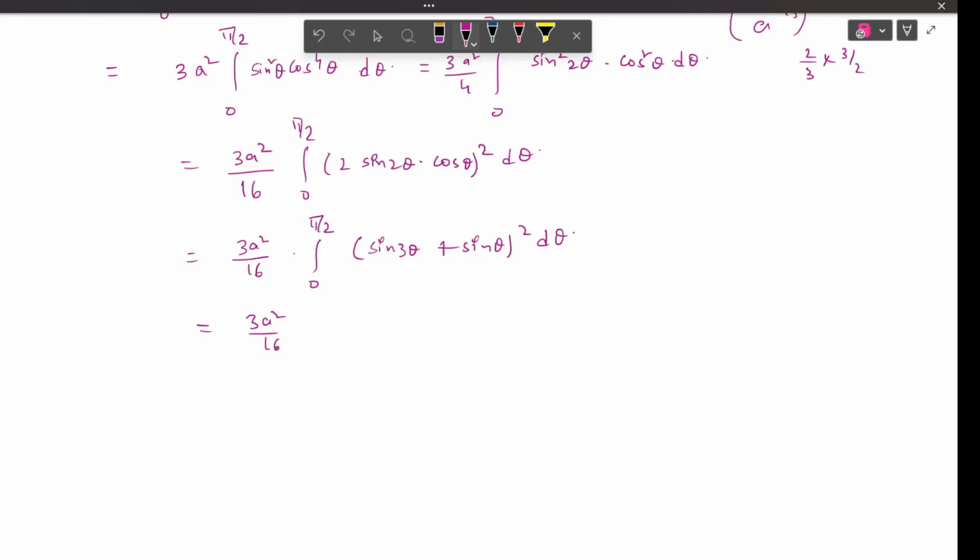This is sin a plus b whole square, that is sin square 3 theta plus sin square theta plus 2 sin 3 theta sin theta into d theta.